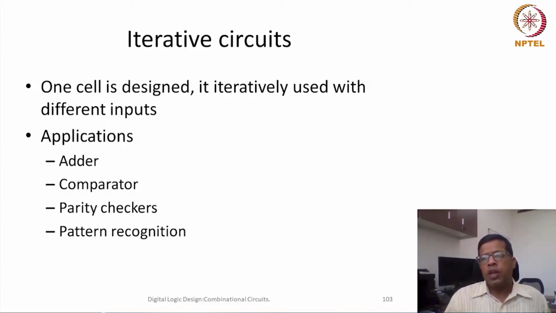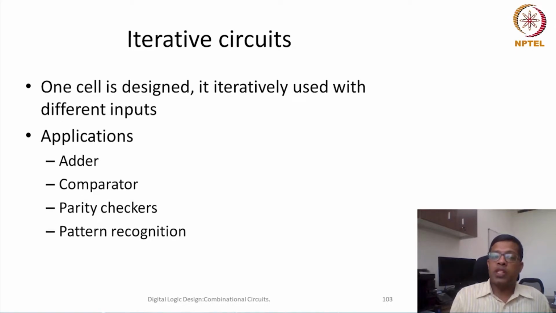In our last couple of lectures we have also seen some utilization of this iterative design. For example, in ripple carry adders, one full adder was an iterative circuit which was repeated again and again.